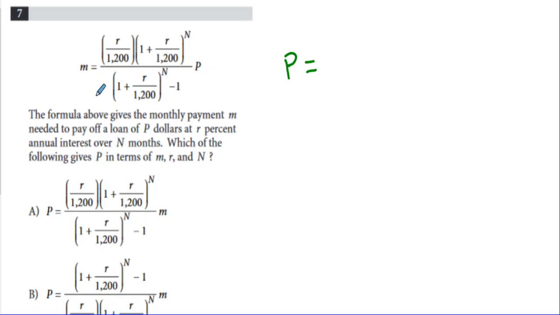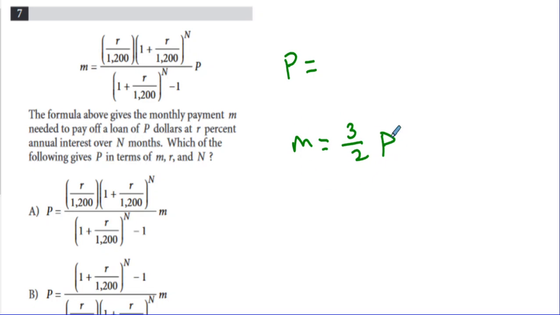So let's take a step back. This is really messy, but all it really is is a fraction over a fraction times a number. So instead of it being M equals all of this stuff, I'm just going to do a fraction, like 3/2 P. It's a mess of stuff, but it really is just a fraction. So let me see what I would do here.